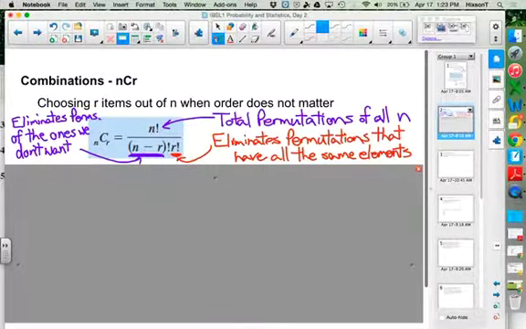So for example, let's just do a simple one. I'm going to arrange 2 of the first 4 letters of the alphabet.